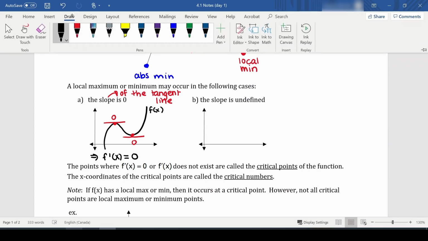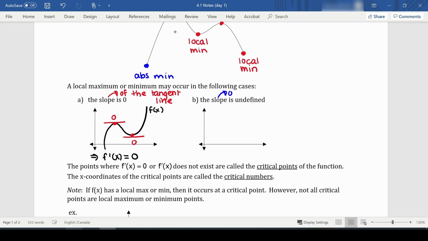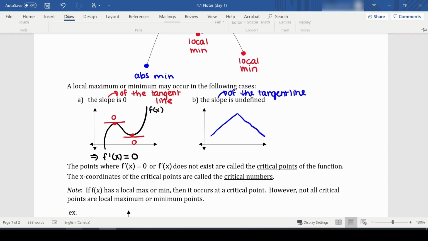The other way I could have this is for the slope of the tangent to be undefined. And that would be something like, for example, if I had a corner, okay, this has a maximum here, but I actually don't have an f prime, right?